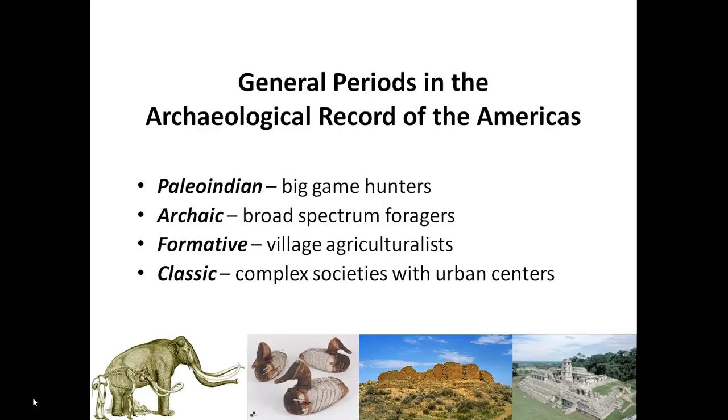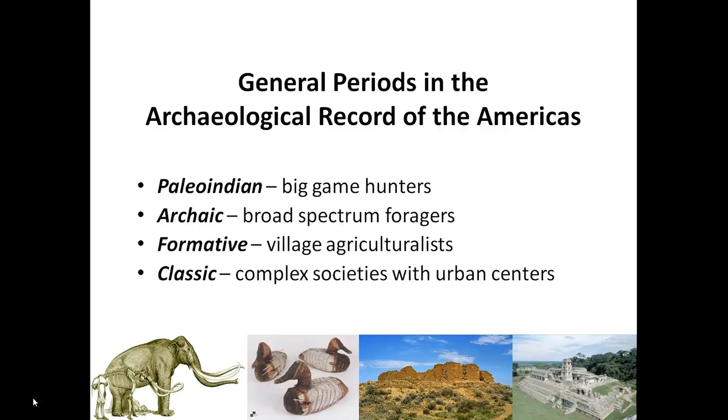This is followed by the Archaic period, as modern environments emerge with climate change and transition from the Pleistocene to the Holocene, and human societies develop adaptations to these environments, becoming what we call broad-spectrum foragers, people who used a wide range, a broad spectrum of the resources that were available in their local environments. In some places, this Archaic adaptation continued until contact with Europeans.